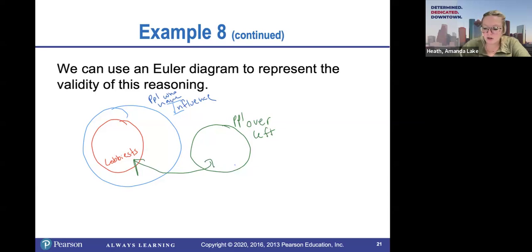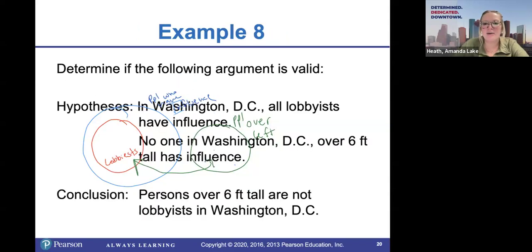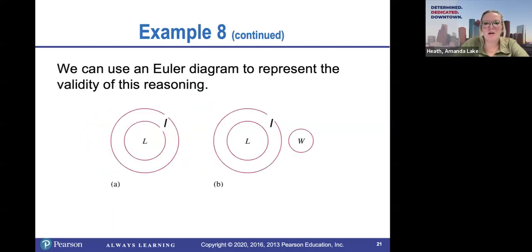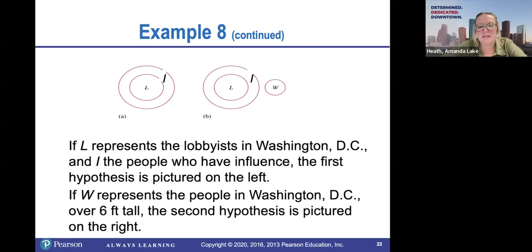And the answer is no, because if the circle of people over 6 foot had to overlap with lobbyists, then it would have to overlap with the people who have influence, and that would contradict our claim that no one over 6 foot tall has influence. So our diagrams could look something like that, and we would say, yes, our conclusion was true.